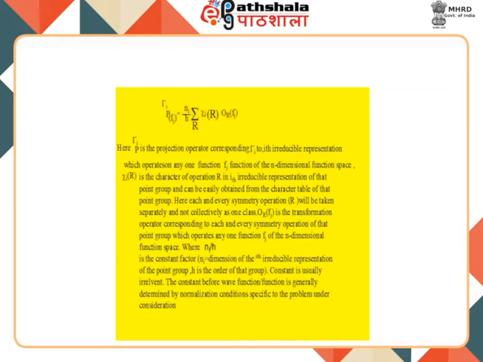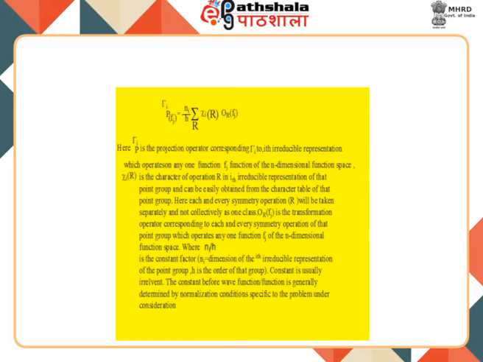P tau i, that is an operator corresponding to irreducible representation tau i, operates on function f j and is equal to n i upon h, which is a constant, times chi i R, the character of the R operation for the i-th irreducible representation tau i, times R operating on the function f j, where R represents the transformation operator operating on the function f j.